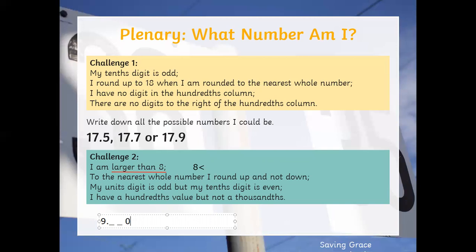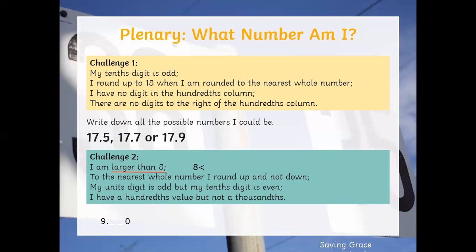Okay, so how do we calculate this? To the nearest whole number, I round up and not down. So I think it can be 9 because it's also an odd number.